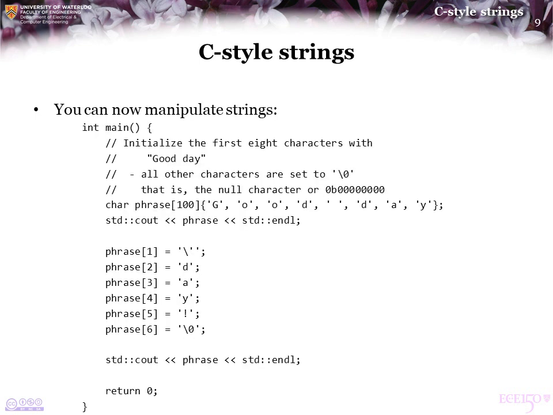Now, if you have a literal string, you cannot change that string. One of the nice features of using a local character array is that we can now manipulate the entries of that array, just like we can change the entries of an array of integers or floating point numbers. So here I have declared phrase to be a character array of capacity 100.